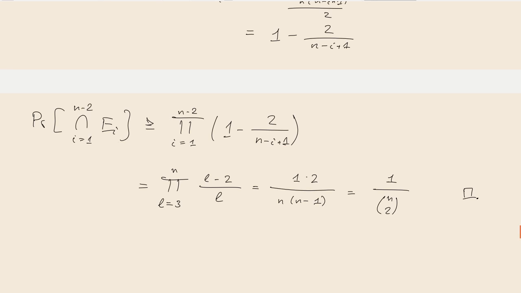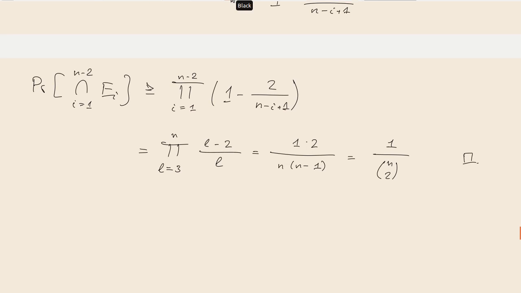Okay. So we found that this algorithm does have a guaranteed probability to succeed, but it's actually very small. Because by the standard tricks, you know that if this is the probability to succeed, then 1 over this, so n choose 2 many repetitions in expectation give you an optimal cut.